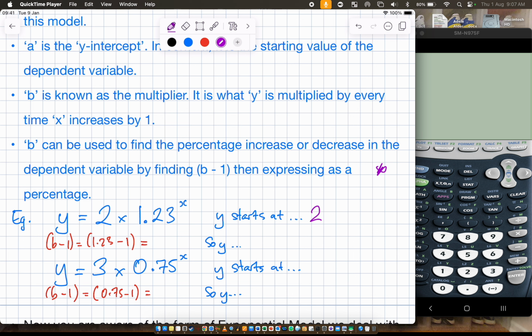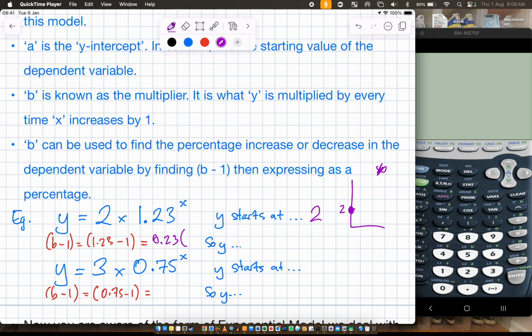So we know already that this exponential model is going to go through the y-axis there. All right? Now we look at this number, B, 1.23. So I just told you we can find the percentage increase or decrease by finding B take 1. So what is 1.23 take 1? What's left over? 0.23.